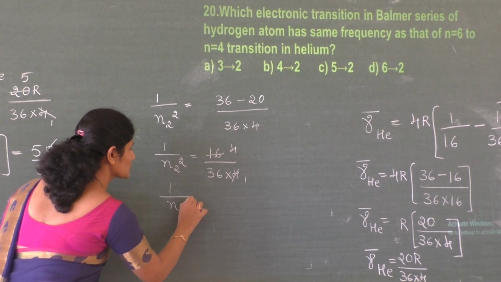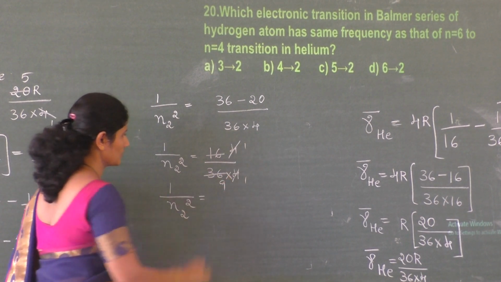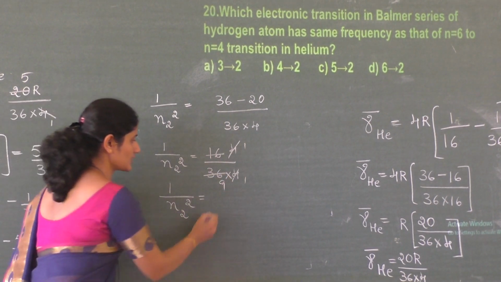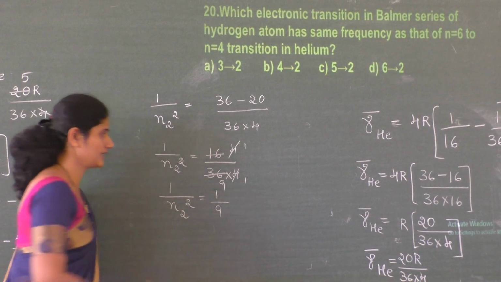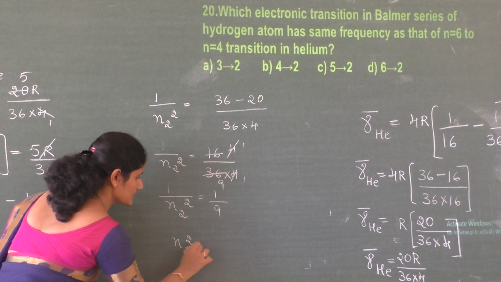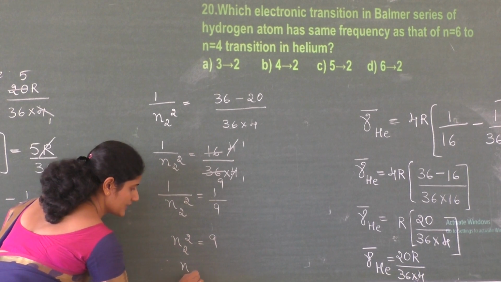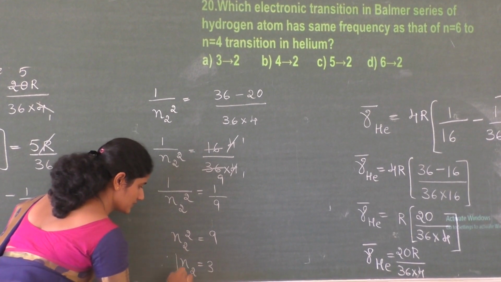So 1 by n2 square is equal to 1 by 9, or n2 square is equal to 9. Therefore, n2 is equal to 3.